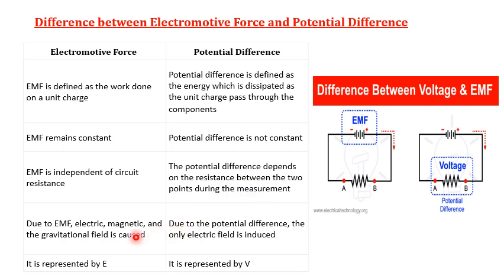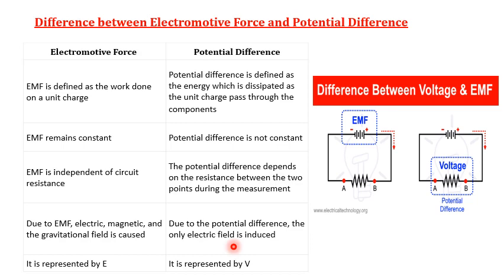Due to EMF, electric, magnetic and gravitational fields are caused. Due to potential difference, only the electric field is induced. So there is no chance of a magnetic field.